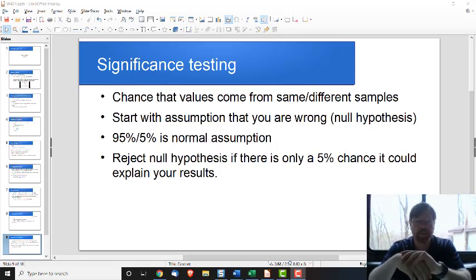If I came out with a higher than 5% chance that it could explain my results, then I can't reject that they could possibly be different and that there's more manufacturing defects in one plant than the other.